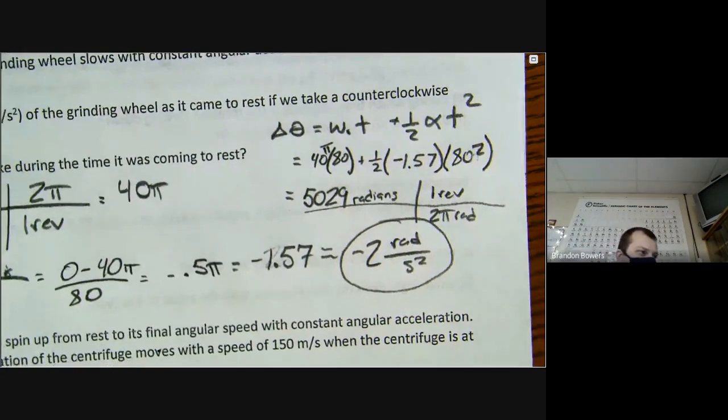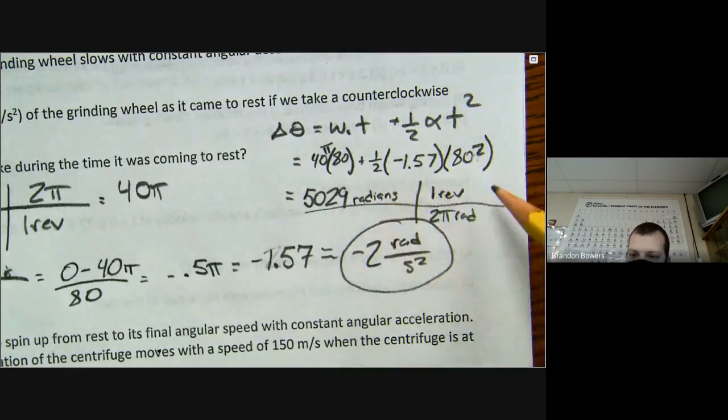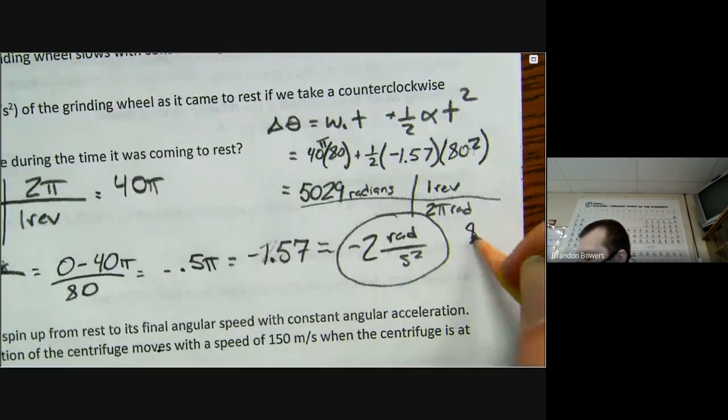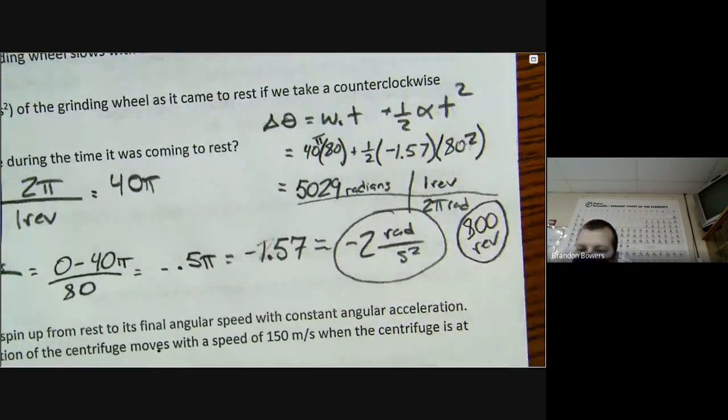Okay. So all in all, your final answer: when you have 5,029 divided by 2 pi, I got 800 revolutions.